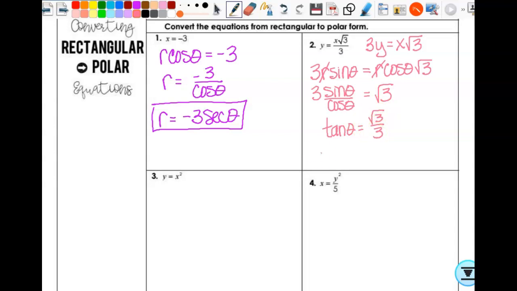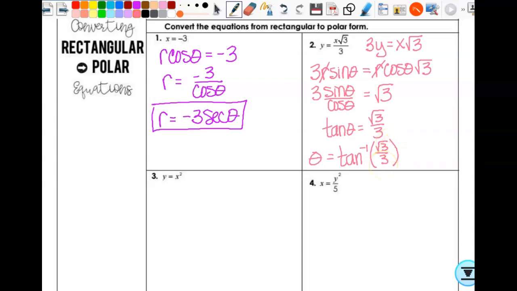So theta equals the tangent inverse of the square root of 3 over 3. And we have no quadrant information here because we're not actually solving an equation. I mean, we're solving an equation for a variable, but we're not really trying to just get a value in the end. So we just take the pure inverse, and if it's positive, it's going to be in the first quadrant.